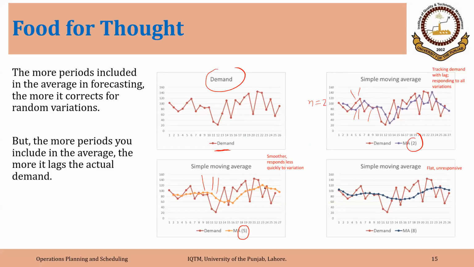And if we increase the number of periods further, say we make n equal to 8, we take the average of previous 8 months demand, then you can see that the forecast responds even less to the changes in the actual demand. So in simple words, in this case, the smaller the n is, the more accurate is the forecast, and the greater the n is, the less accurate is the forecast. We will further see this with the help of the data that we are discussing for our calculations.